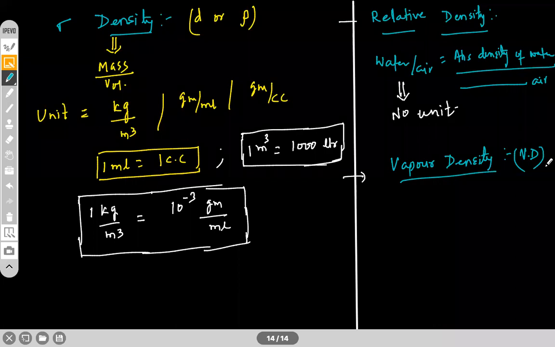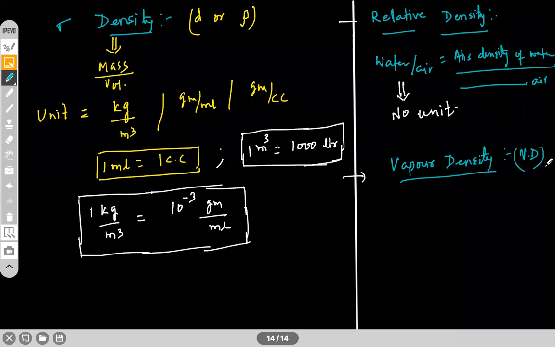Why is this important? Because sometimes in the question, they won't mention the gas which is present there, or there will be a mixture of gases whose vapor density will be given.